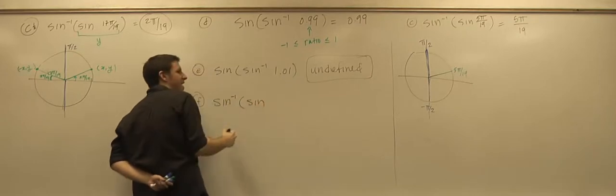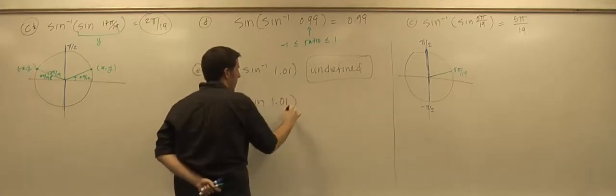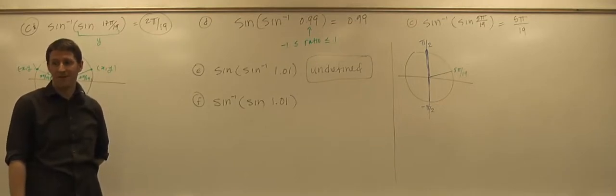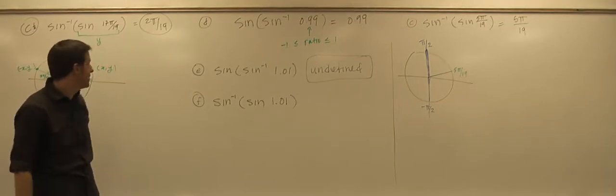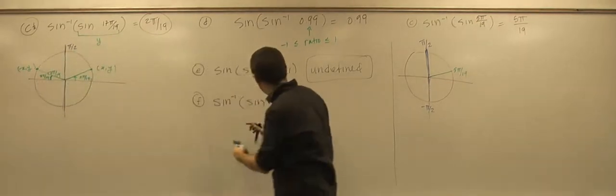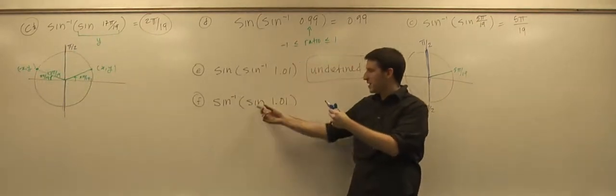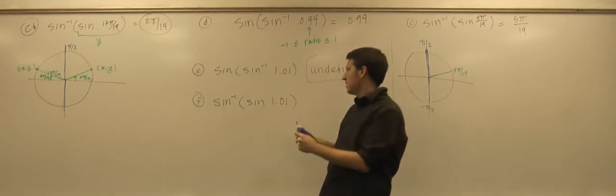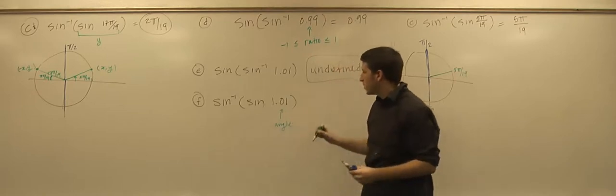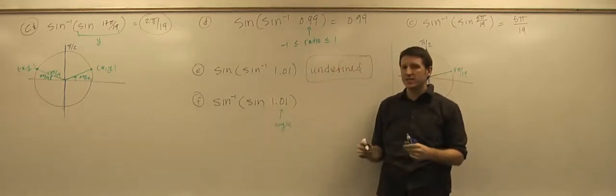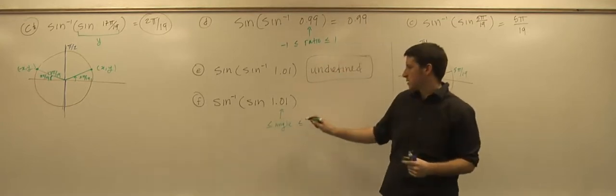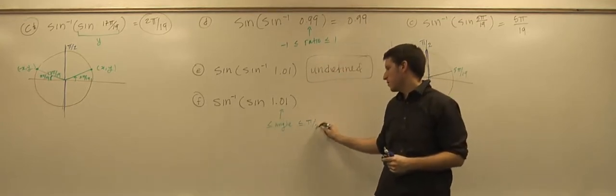Sine inverse of sine of 1.01. Now it'll be like the other one, because the sine inverse and the sine are flipped. Because the sine is back on the inside, this is an angle. And in order for this to cancel, the angle has to be between what and what? Pi over 2 and negative pi over 2.